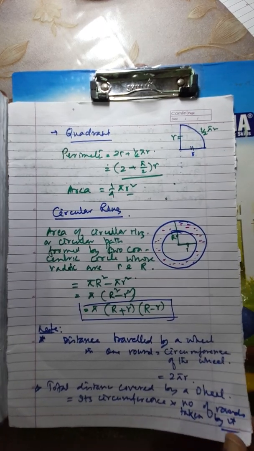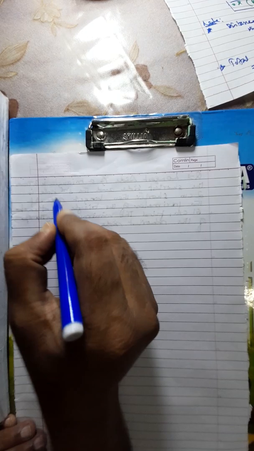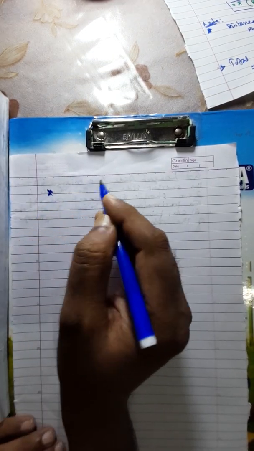Okay. Next, number of rounds taken by a wheel. These points you have to remember, because with the help of this we have to solve the problem.